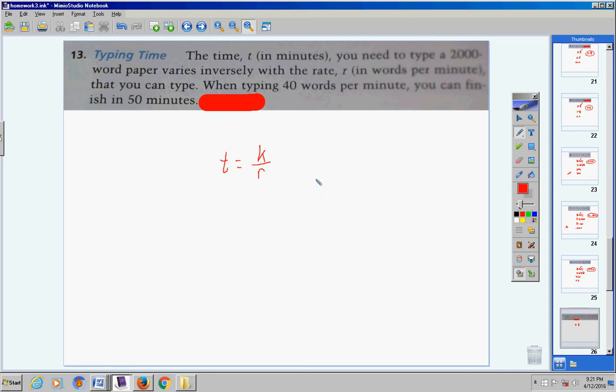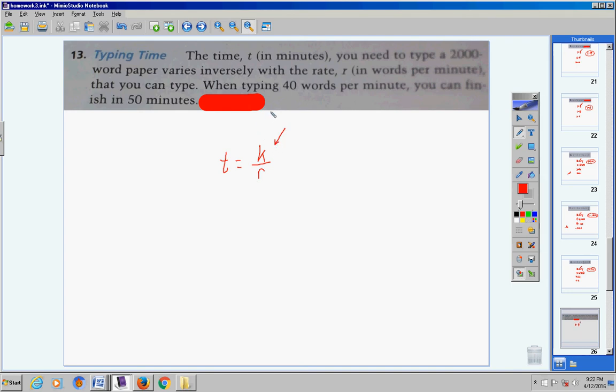Now, the directions say, I'm sorry, students, if you look above number 13 in your book, they give you directions for 13, 14, and 15. Write an equation that relates the variables. So we're going to write an equation, so we have to solve for k, alright?